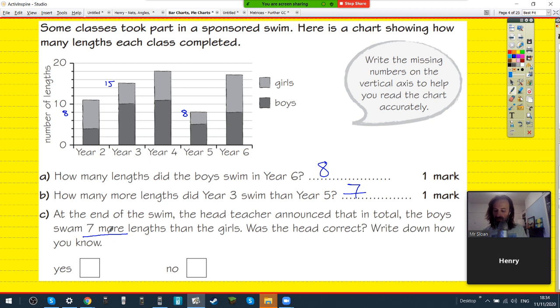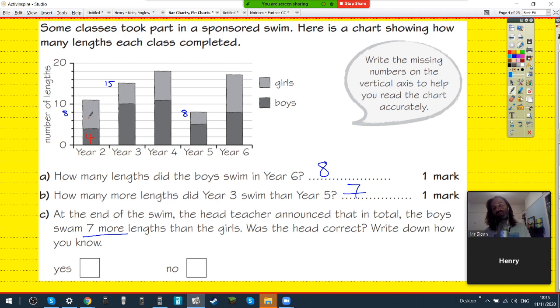So 2, 4, 6. So 7 in year 3. No, it's not 7. So I just work out how much is in each box. Year 2 boys are 4.